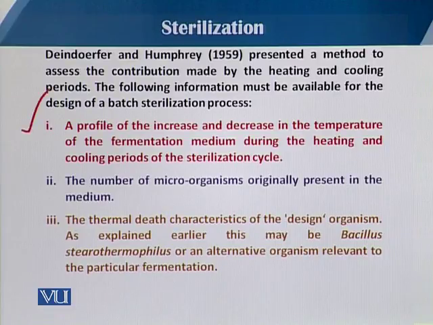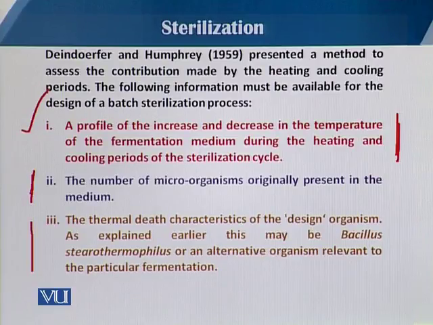The following information must be available for designing the batch sterilization process. Number 1, a profile of the increase and decrease in the temperature of the fermentation medium during the heating and cooling periods of the sterilization cycle should be noted. The second, the number of microorganisms originally present in the medium, that is, the total number of viable cells present in the medium that require their death.